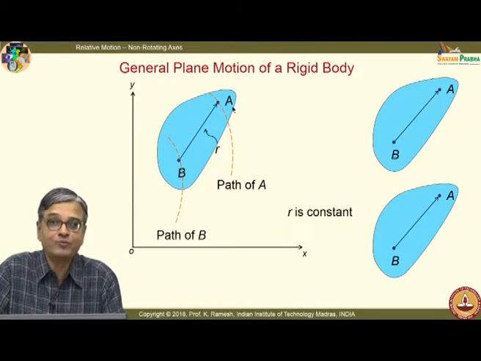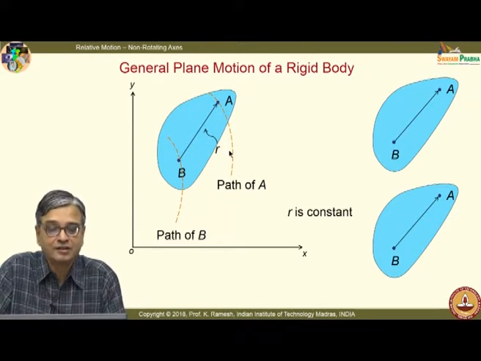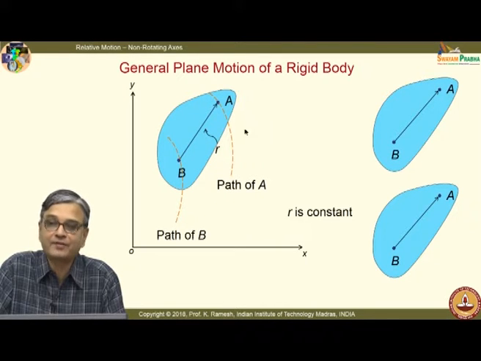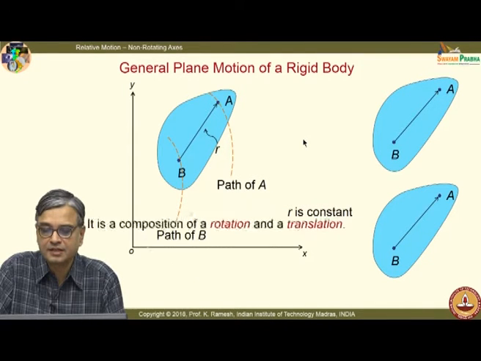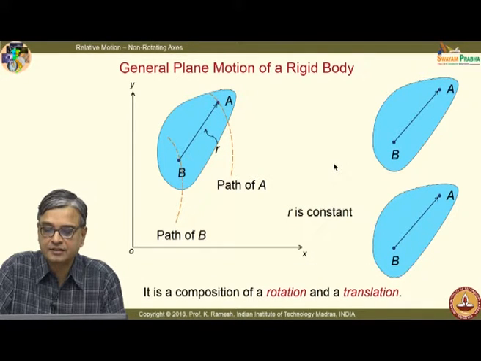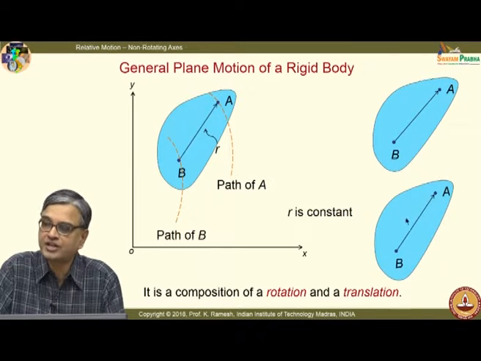We will see how we will link this to circular motion intelligently and make our life simple. And being a body in general plane motion, it has a rotation and a translation. And imagine that the rotation is something like this, of a very small rotation.